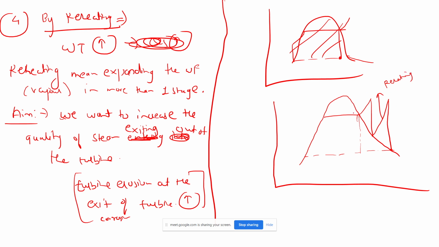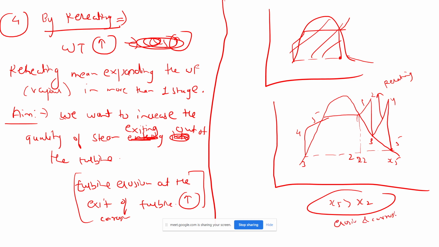So what happened because of reheating? Previously it was 1, 2, 3, 4, 5; now 1, 2, 3, 4, 5. So the quality of the steam x5 is higher than x2. So the chances of erosion and corrosion of the turbine blade will decrease.